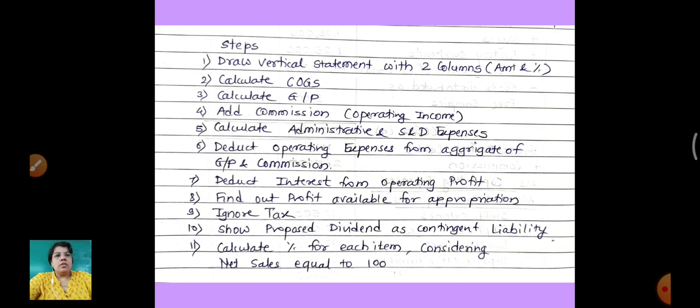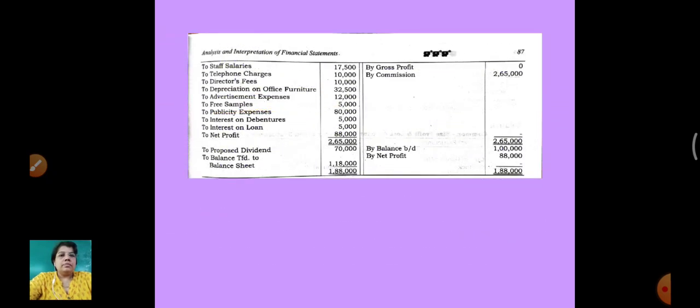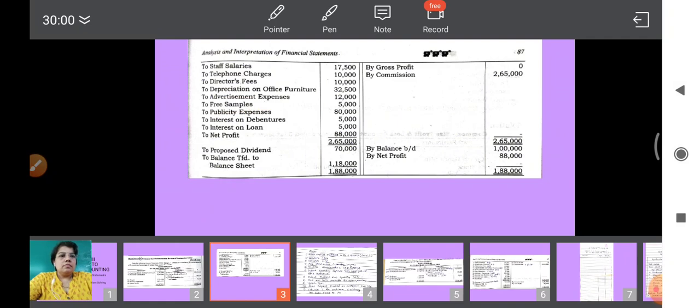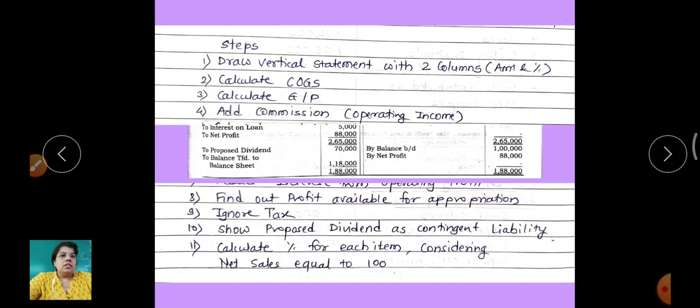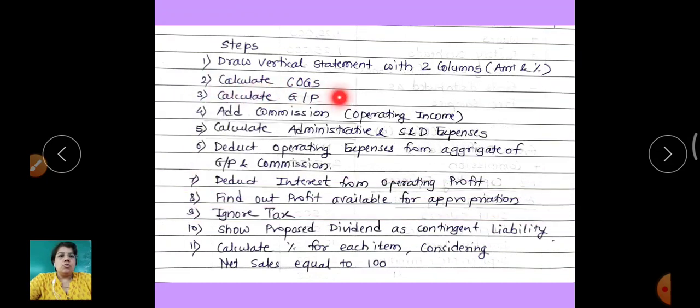First of all, we will draw a vertical statement with two columns, amount and percentage. Then we will calculate the gross profit.